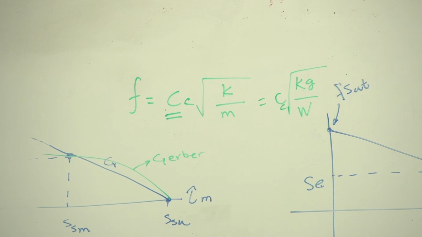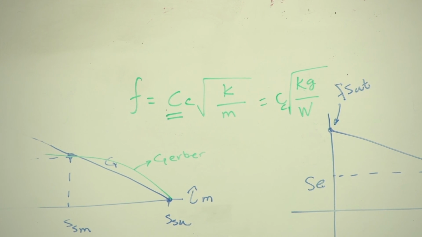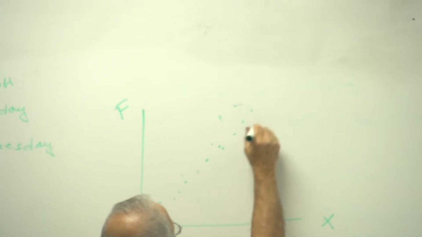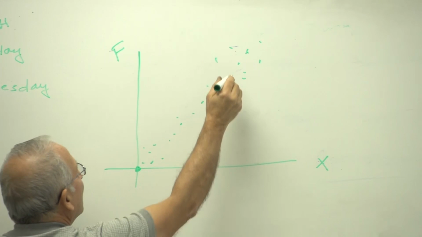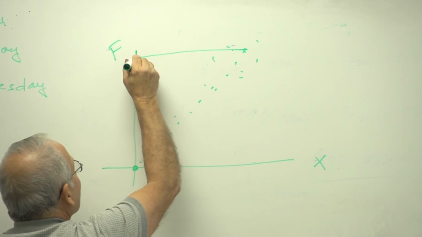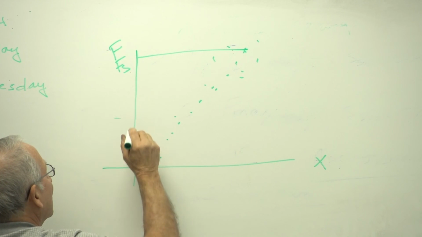That's number one. Number two, insofar as the spring constant is concerned, if you run an experiment, your points look like this. But this is 0, 0, and that's the solid height.